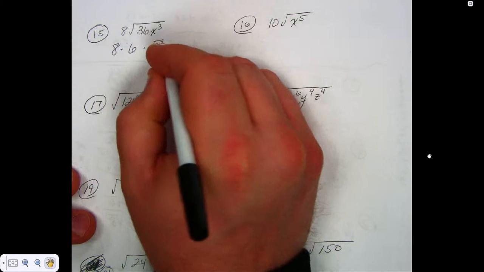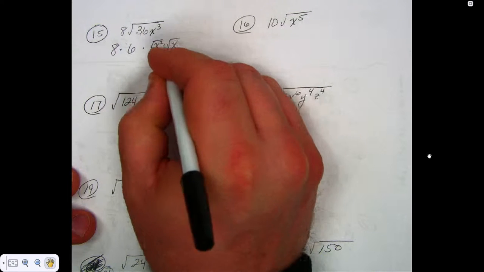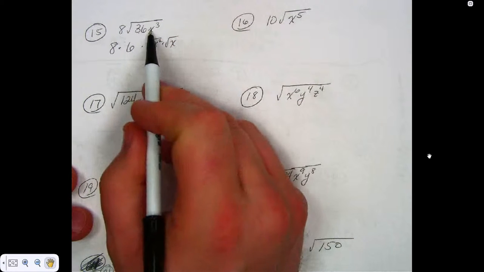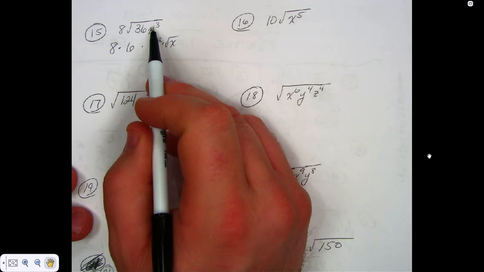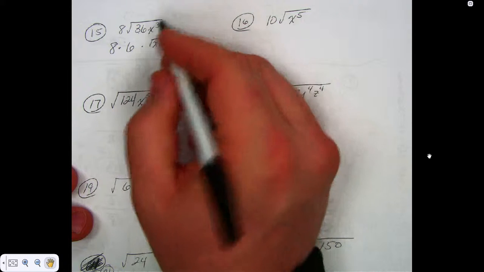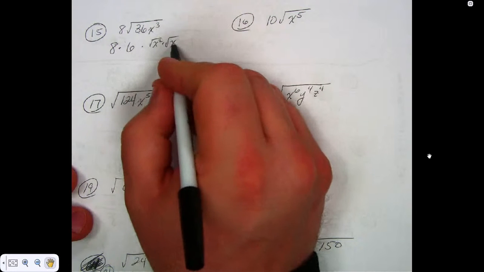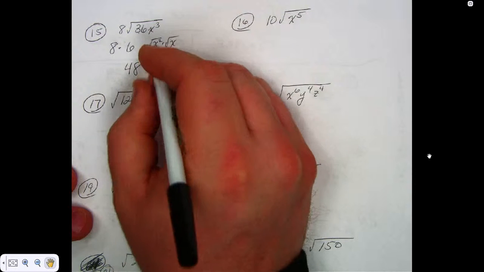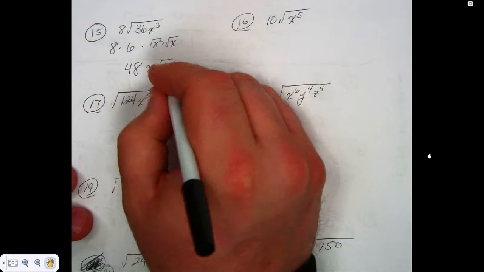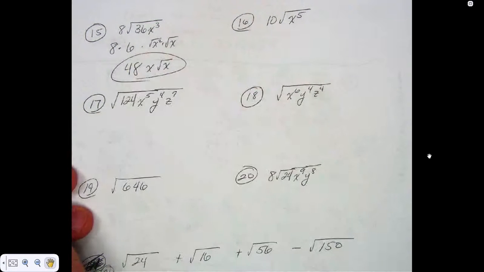No. So you have to break it up into x squared times square root of x. Remember that these are only perfect square variables when it's what type of exponent? Even. When it's even, it's a perfect square. So every time it's odd, you just take one less and multiply it times x. So 8 times 6 is 48. Square root of x squared is x, square root of x. And that's your answer.